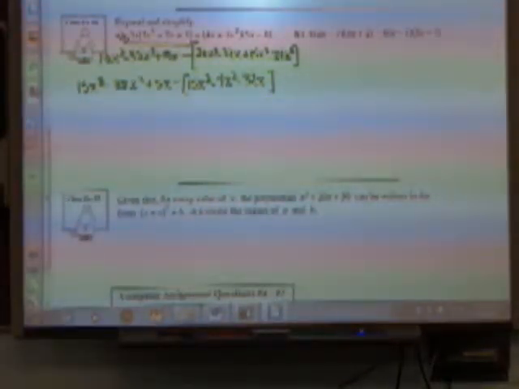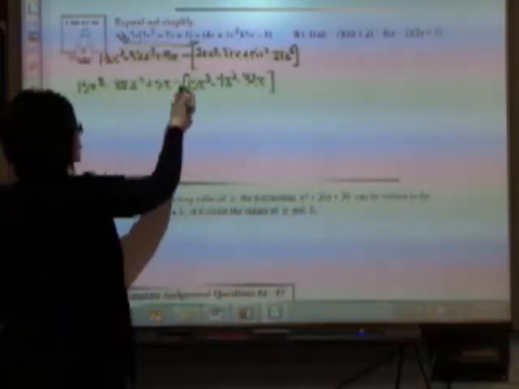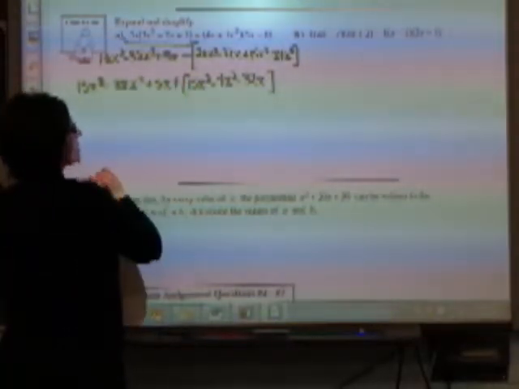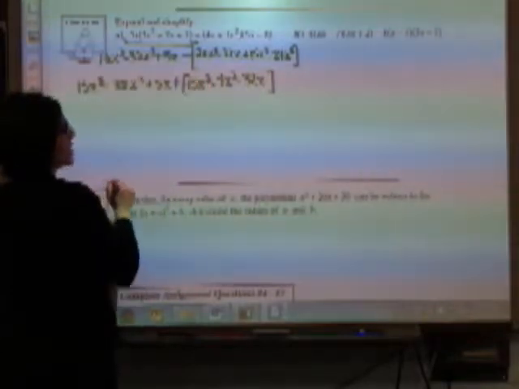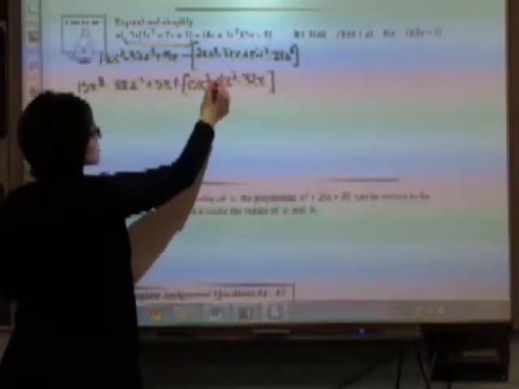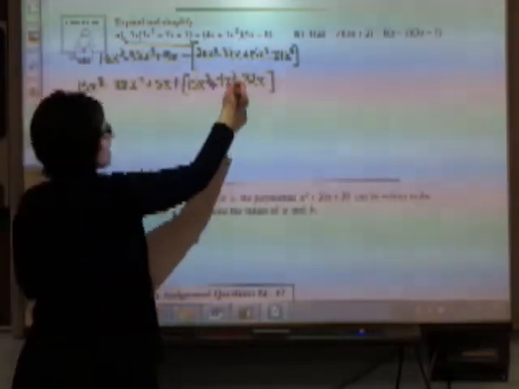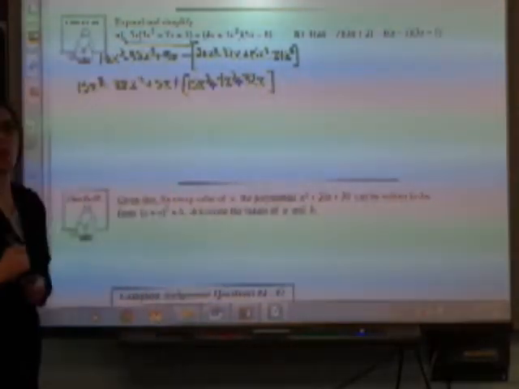Now, when you're subtracting, what's the pattern rule that we can use for subtraction? Add the opposite. Add the opposite. So we can change this subtraction to a positive. Then 15x cubed would become a negative. The negative 4x squared would become a positive. And the negative 32x would become a positive.